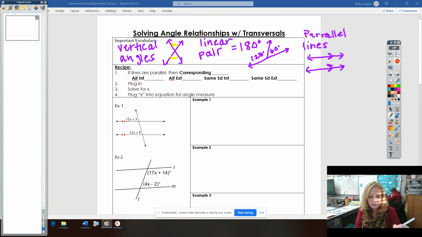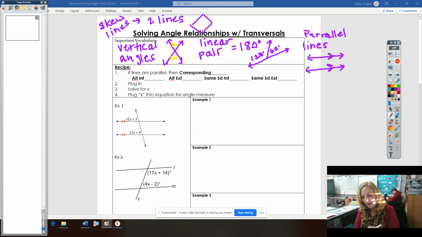Last, I want to write a side note over here that you can write up here because I know that it's covered on your homework: skew lines. Skew lines are, we don't really talk about them very much, but they're two lines. They intersect, but they're on different planes. So if I have a plane like this, and then I had a line going through the plane, that's a terrible line.